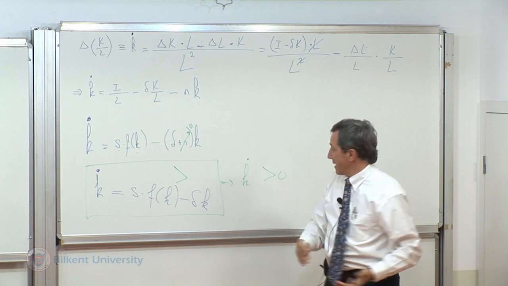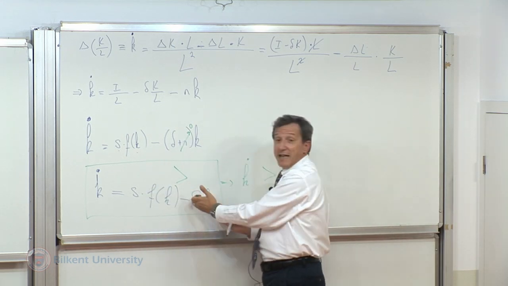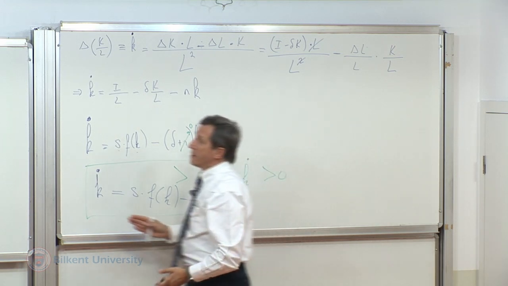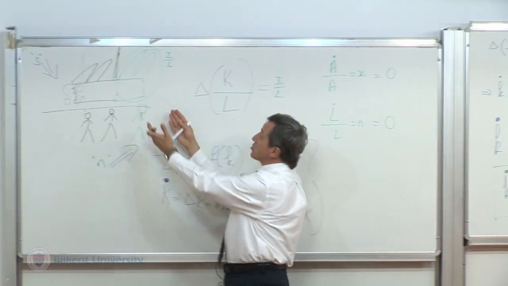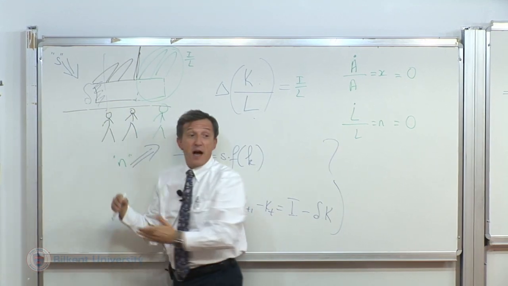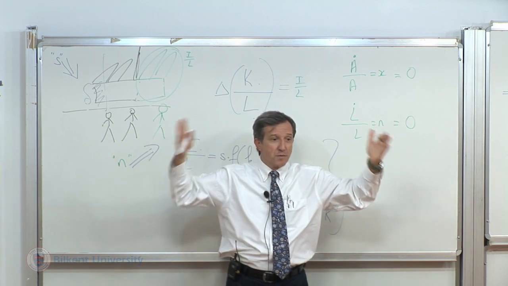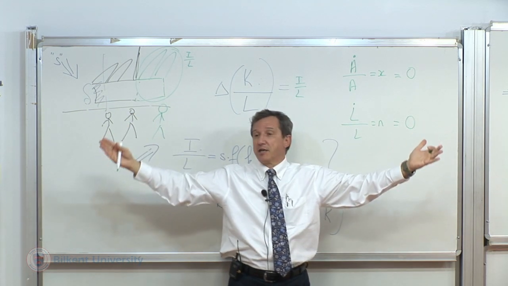But what it is narrating is, if investment is greater than depreciation, that is, if the size of capital that I have invested exceeds the size of the capital that is being depreciated, of course, capital per labor increases.